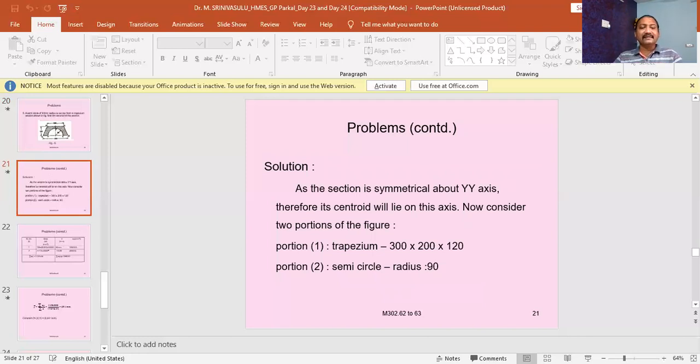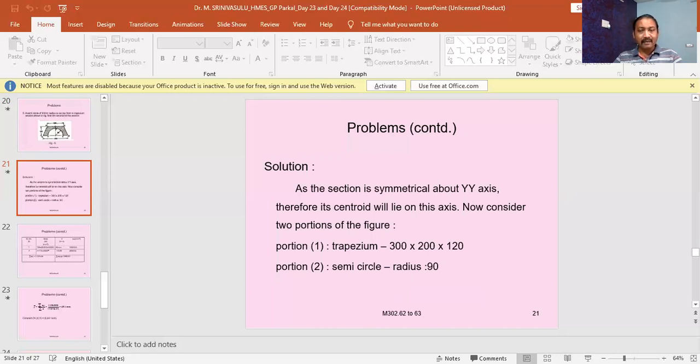Now coming to the solution part. This section is a trapezium from which a semicircle is cut out. Therefore we have to divide the given figure into two portions: the first is the trapezium, and the second is the semicircle.